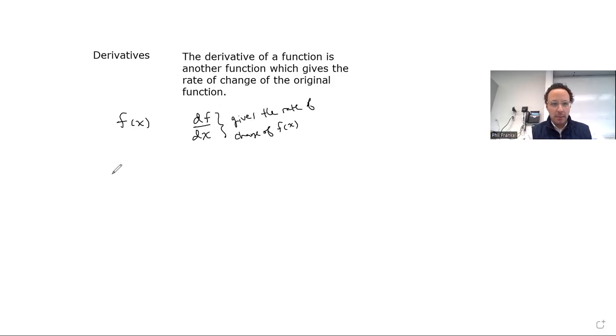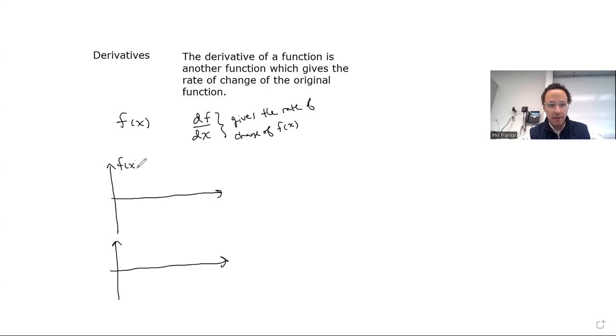And I'll give you a couple of very simple examples of this. So let's stack a couple of sets of axes over here. On this top axis, I'm going to graph a function f of x versus the input variable x. And on the bottom set of axes, I'm going to graph the derivative df dx with respect to x.